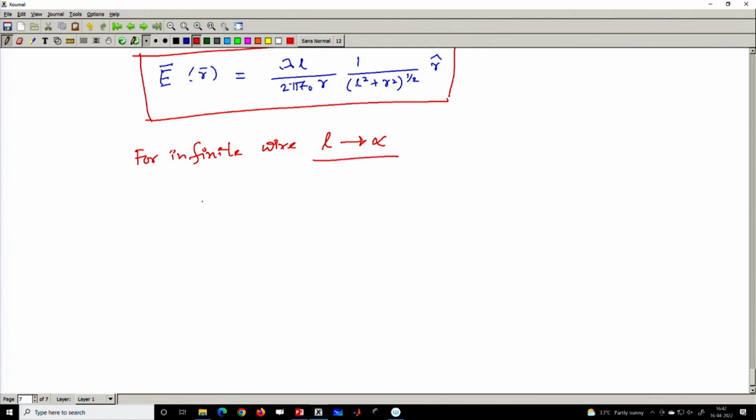If I put L tends to infinity, I will get back my old result that we already calculated for the infinite wire in earlier classes.